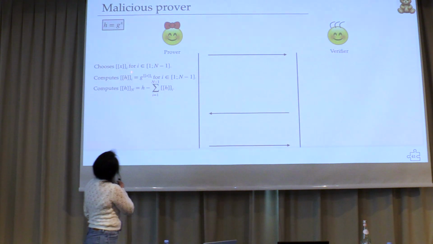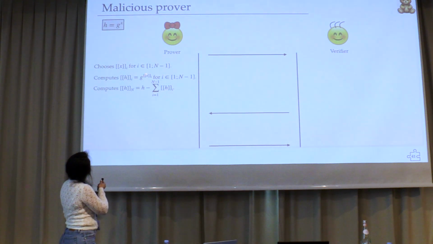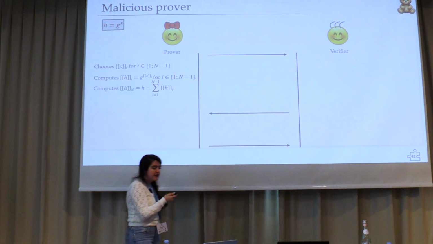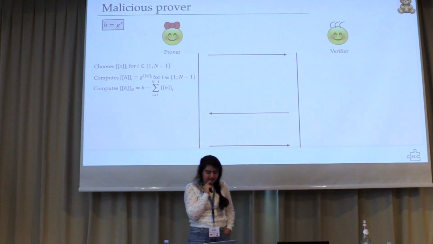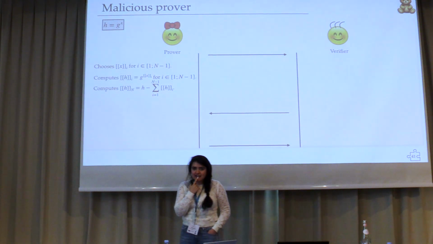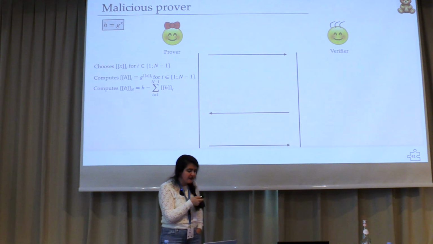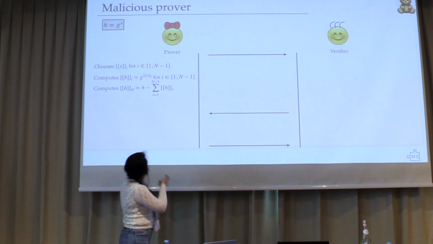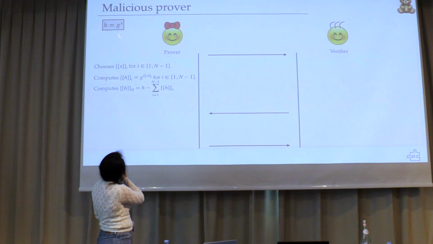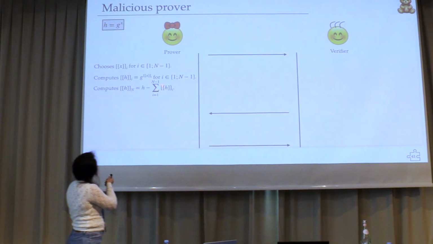Okay, and then I compute the shares that I would have computed otherwise. So I compute h_i, which is g to the power x_i, for all i's in 1 to n, so everything that I have, right? And I compute these h_i's. And then I compute the last h_n in such a way that this second constraint checks out with the secret, right? Here it should have been a product.